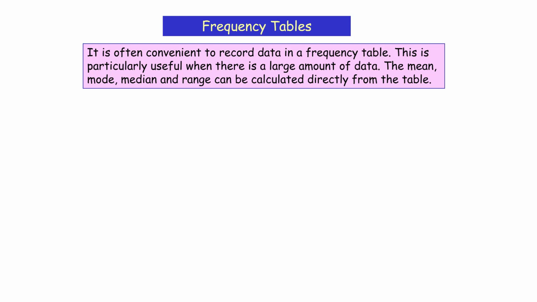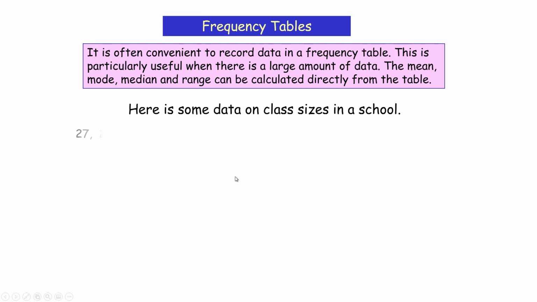Right, so we're going to look at frequency tables and getting the mean and the mode today from the frequency table. Now, we can put a lot of data in a frequency table. Without the table, we can calculate the mean, but say we've got quite a lot of information, it's not always easy to calculate it.